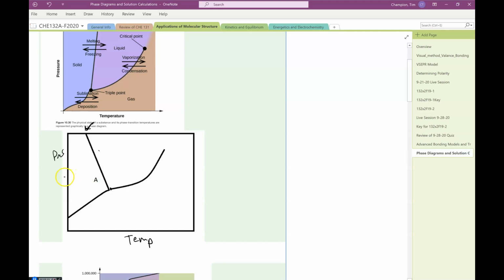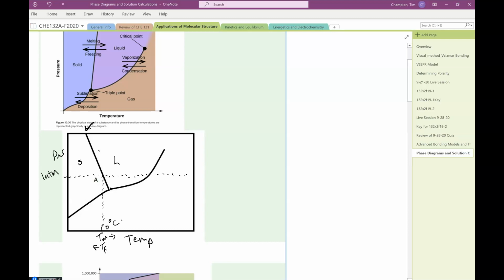If we're looking at water, 1 atmosphere pressure is a little above the triple point, and I'll try to draw a reasonable straight line across. I know I can't quite do it here. So if we start with really cold water at normal atmospheric pressure, of course it's a solid, and if we heat it up and we get to this point right here, we have a liquid, and that point would be called the melting point if we were going up in temperature, and if we were going down in temperature, we call it the freezing point, and that's at 0 degrees Celsius, of course.